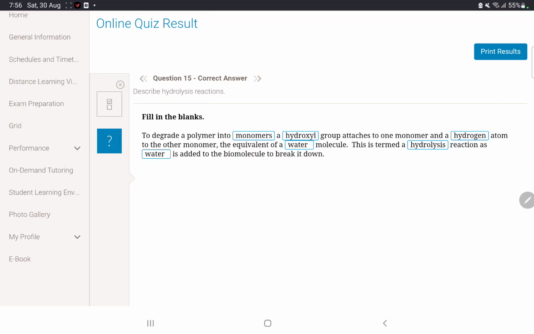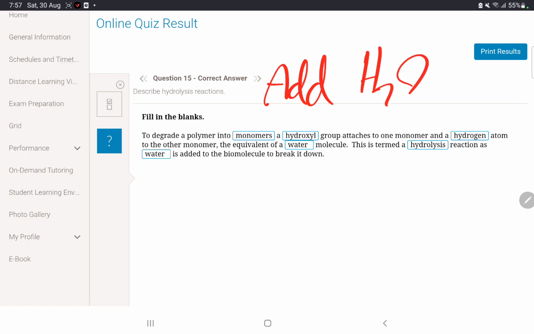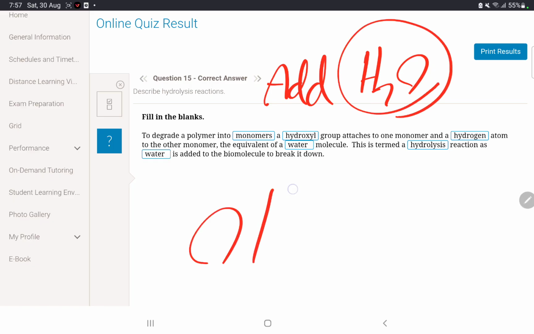Okay. To degrade a polymer into monomers, a hydroxyl group attaches. So in degradation or hydrolysis, you add water. Okay? A hydroxyl group attaches to one and the hydrogen atom to another. So you don't add H2O itself, you add OH and H, which is the equivalent of H2O.